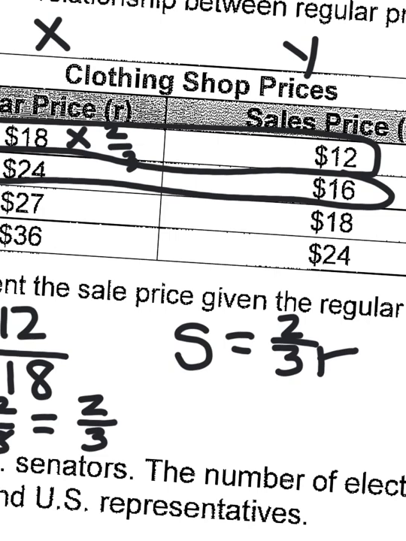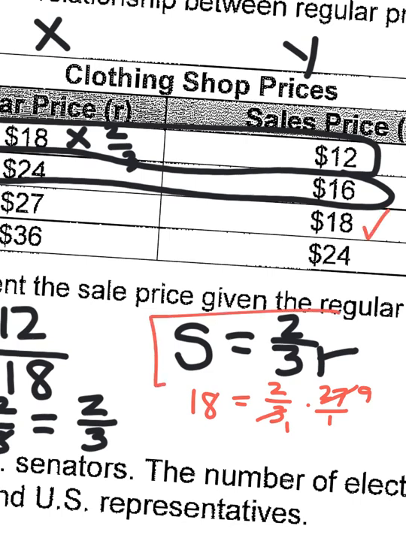Okay, so our equation is 2/3 times our regular price. So if I pick the 27, let's see if we do the math and get the 18. So 3 divided by 3 is 1. Goes in there 9 times. 9 times 2 is 18. Yay! So that is the correct equation.